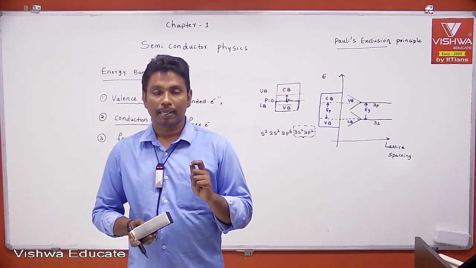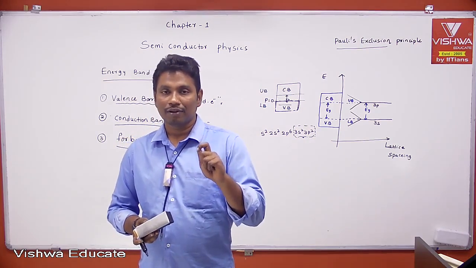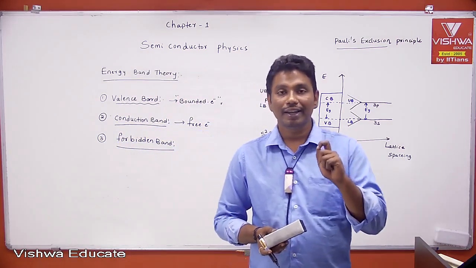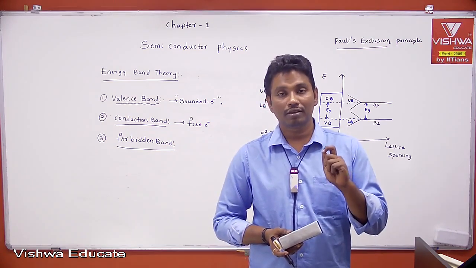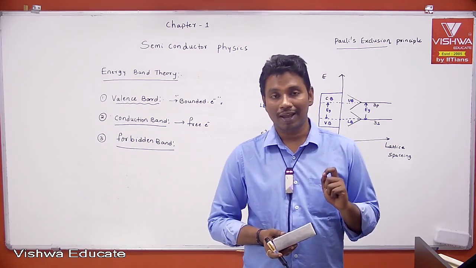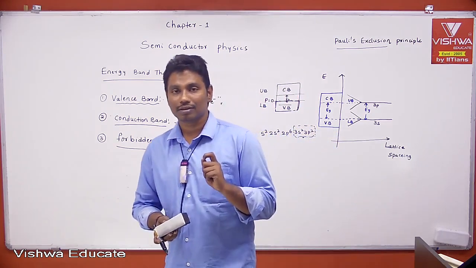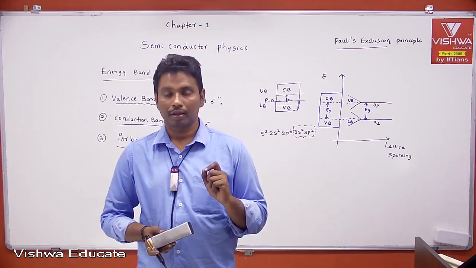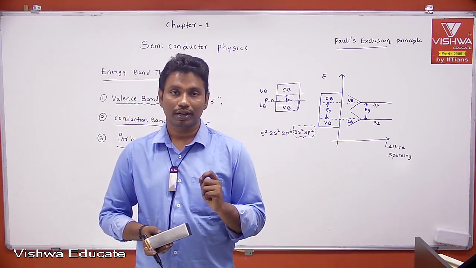Next, the electrons in the valency band can be strongly influenced by the nucleus. Such electrons are called bounded electrons. Underline bounded electrons.